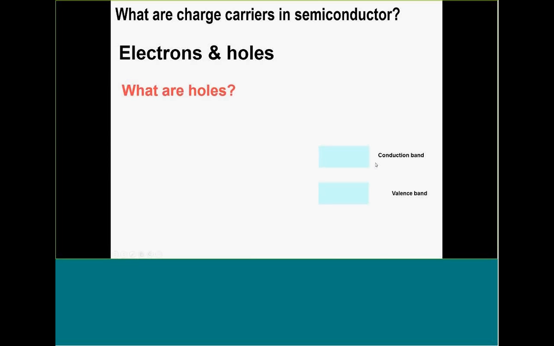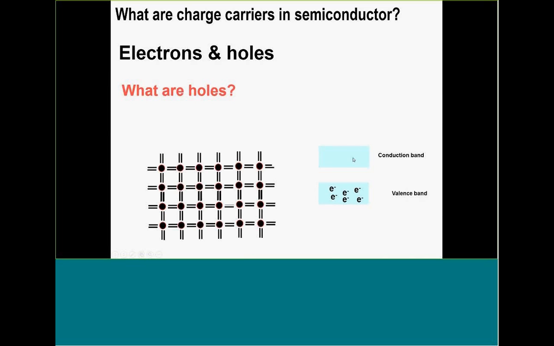Okay, so let's go back to our energy band diagram, our conduction band and our valence band. You know that at 100 K, all the charge is in the valence band, while your semiconductor is in the neutral form.